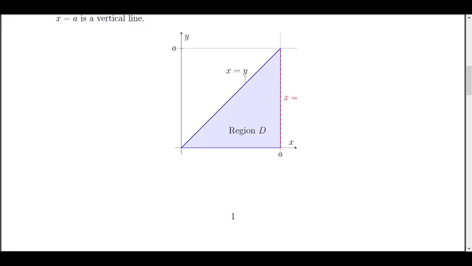When x equal to y in polar coordinates, it is always theta equal to pi by 4. The starting line is theta equal to 0, so theta varies from 0 to pi by 4.